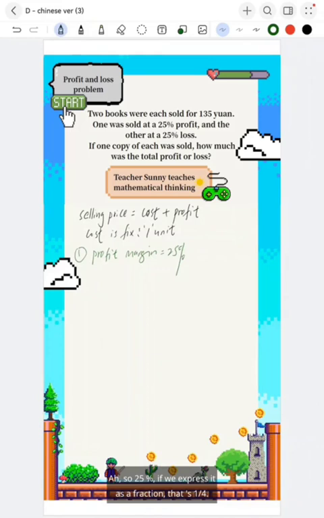When we consider 25%, if we express this value as a fraction, it translates to 1/4. This means that 25% is equivalent to 1 part out of 4 equal parts. And what does 1/4 mean?